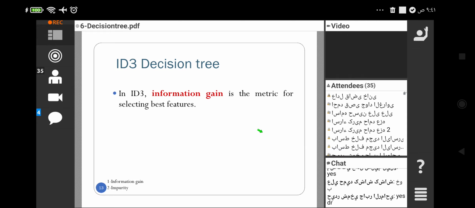In the ID tree, the features are selected using the information gain. We have to calculate the information gain for the features, and the feature that has the maximum information gain would get into the tree.